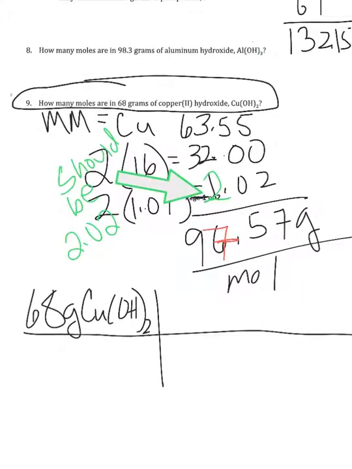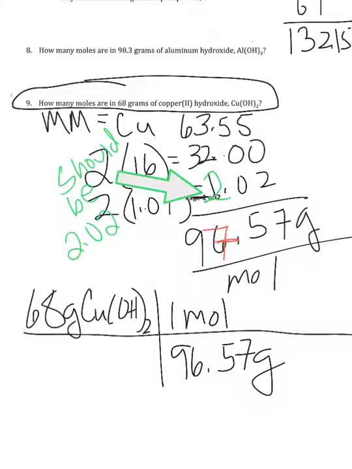It's asking me for moles. So I want to have moles on top. So I'm going to put 1 mole on top here and put my grams on the bottom.